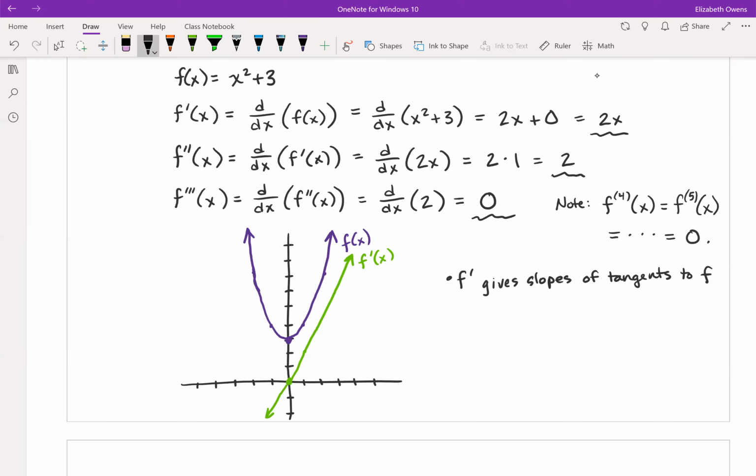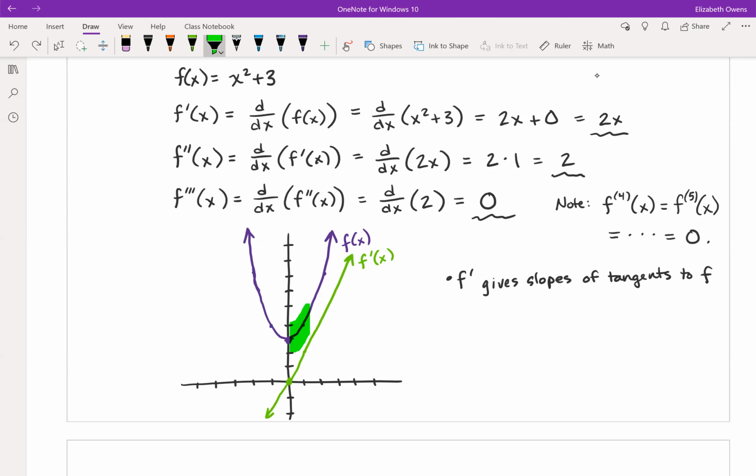And so we can see kind of the two halves of our function here. For x values that are greater than 0, the derivative f prime of x, this green function here, has a positive value to it. So the tangent line to the original function should have a positive slope.